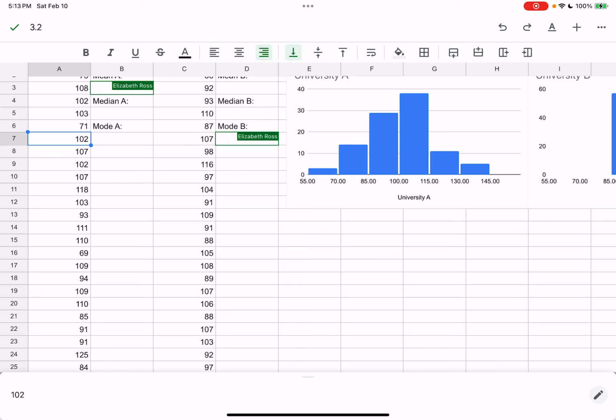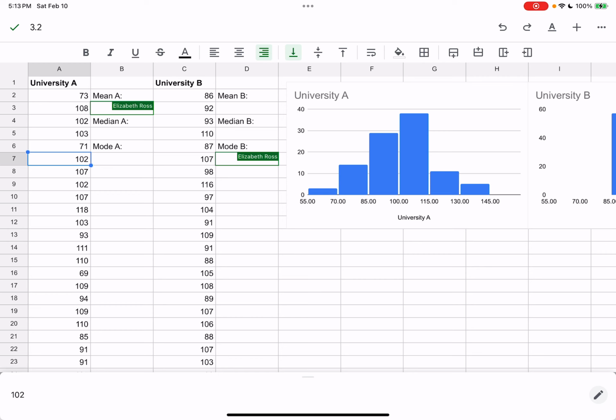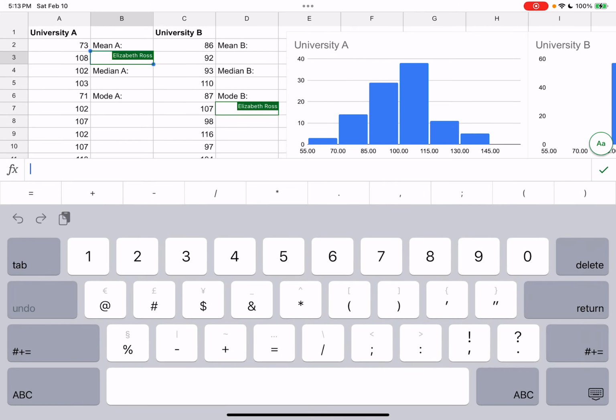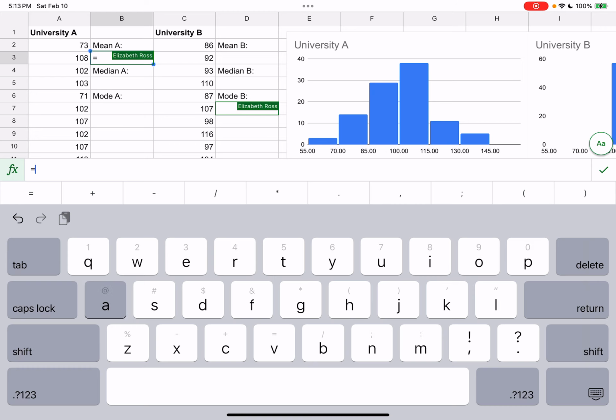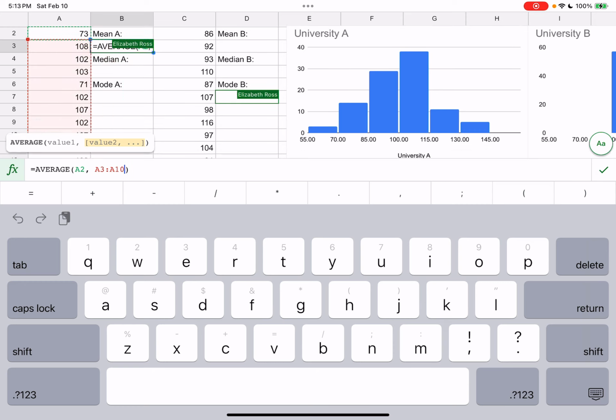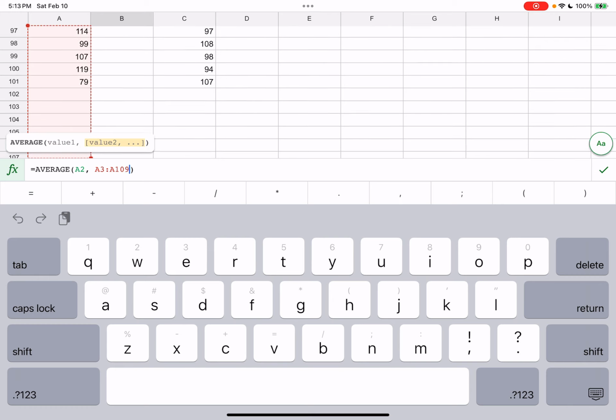We can type it out all on our own, or we can click on this cell, type the equals button, and for the mean, we're looking for the average. And then in parentheses, we would click on that cell and drag to the end.